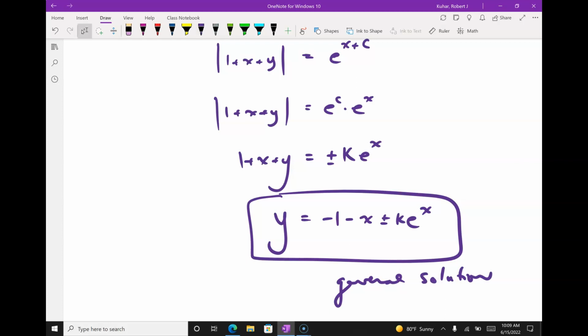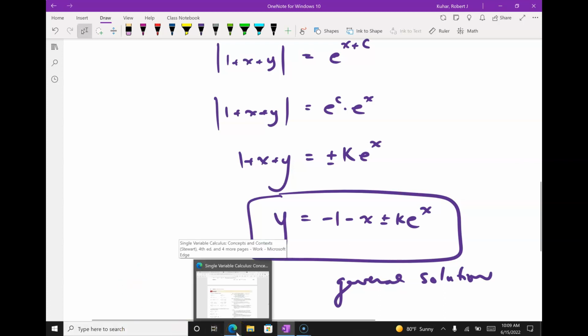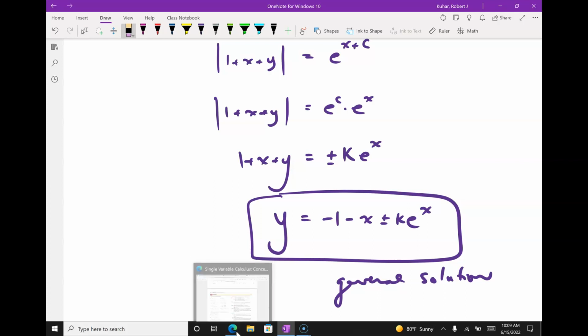Doesn't seem to be any restriction on k, right? K seems to be fine, so I can just let it run wild in Desmos. You can take that plus or minus to just be part. That's true. I don't even need the plus minus because I know k can be anywhere, right?